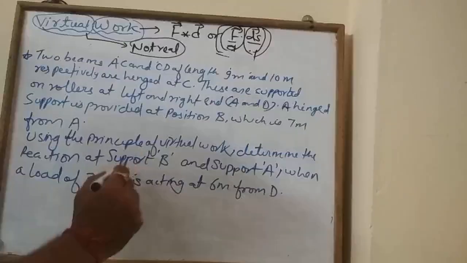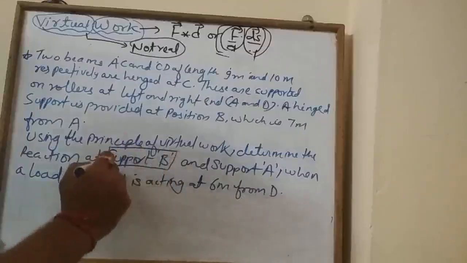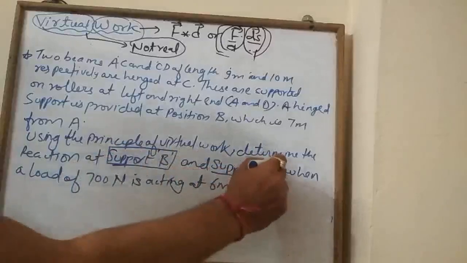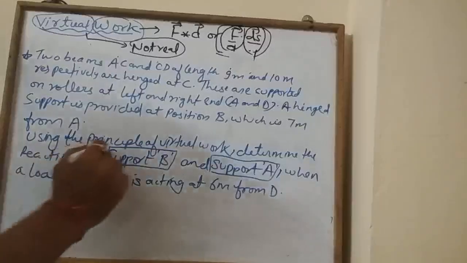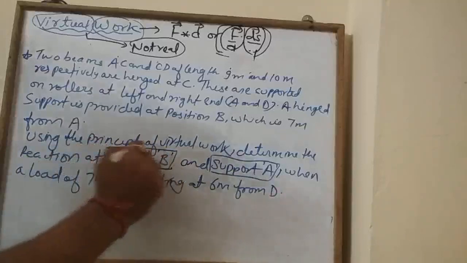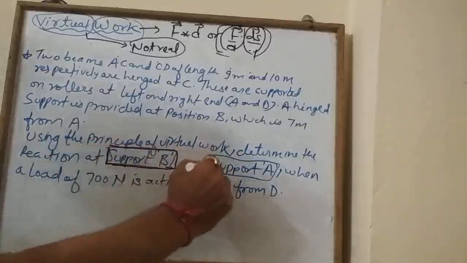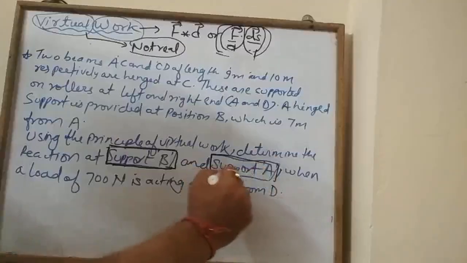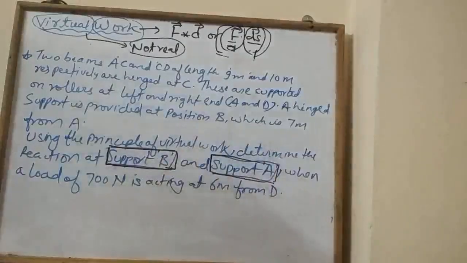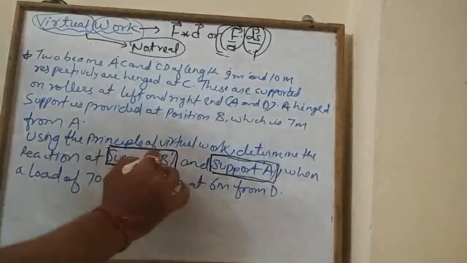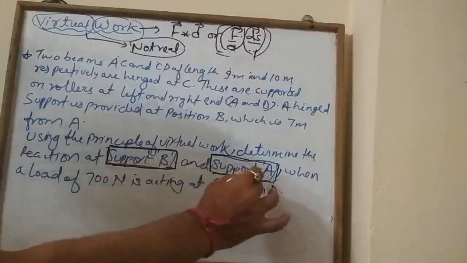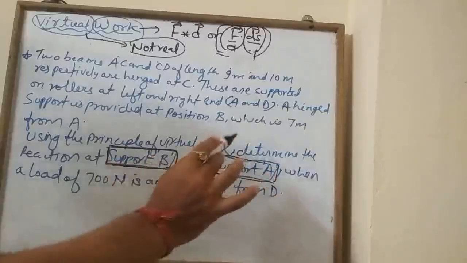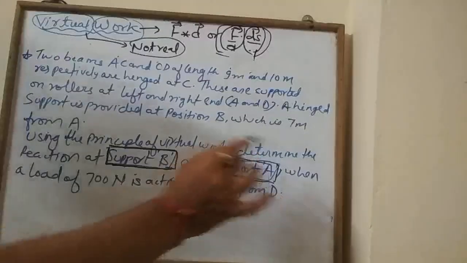So there are two parts. It means support at B, support at A. So reactions at these points are to be calculated. Reaction at support B will be covered now, but the reaction at support A is to be calculated by you.